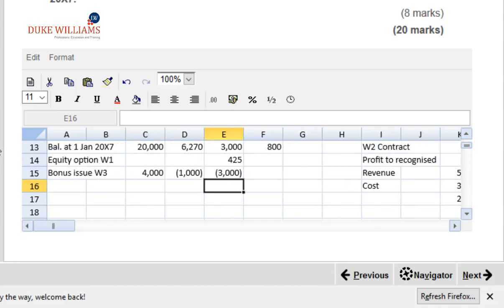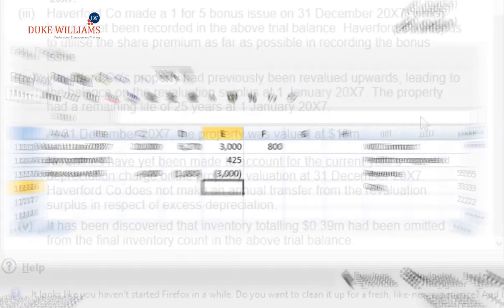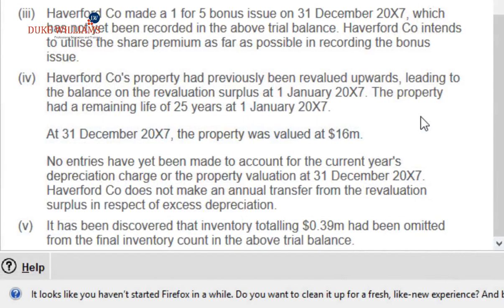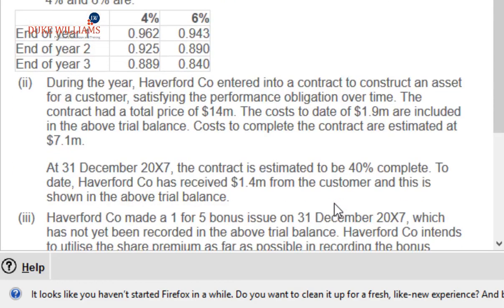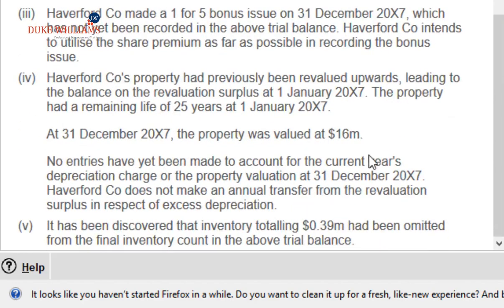Okay, quickly. Let's go to note 4, which is on the property. Alford Coast property had previously been revalued upwards, leading to the balance on the revaluation surplus at 1st January. So that is 800. So there was a balance in there. The property had a remaining life of 25 years at 1st January.